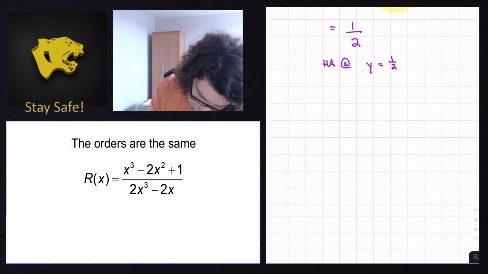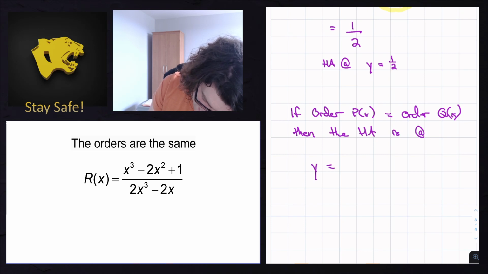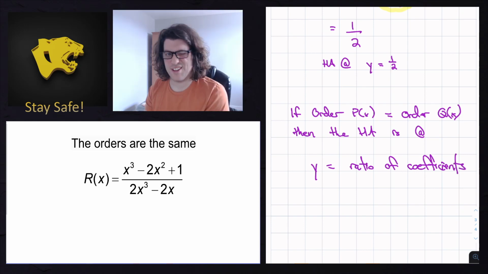If the order of p of x is equal to the order of q of x, then the horizontal asymptote is at y equals the ratio of coefficients. Now, coefficients of the highest order term.